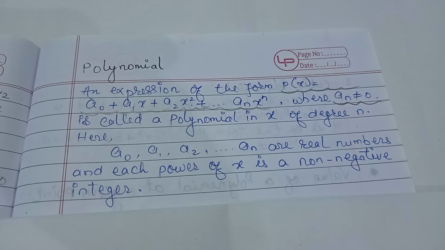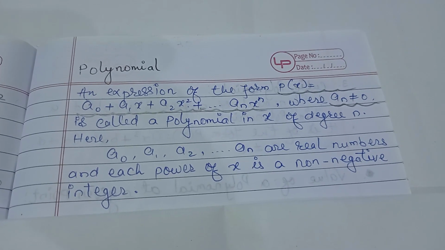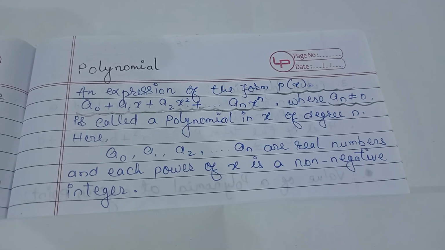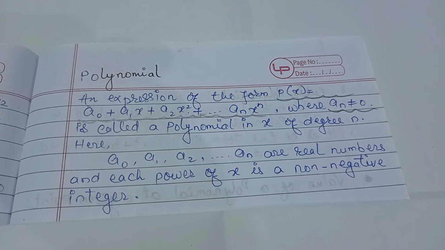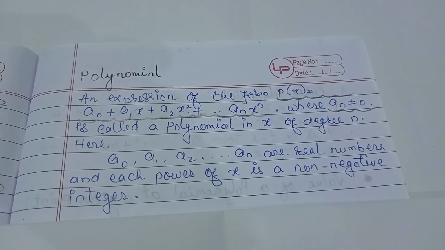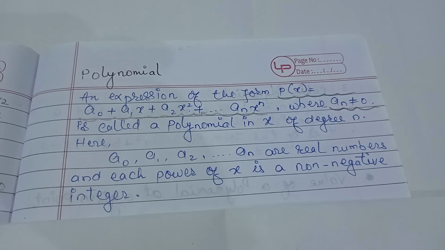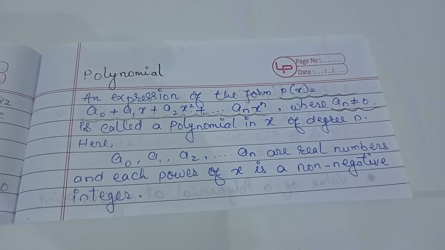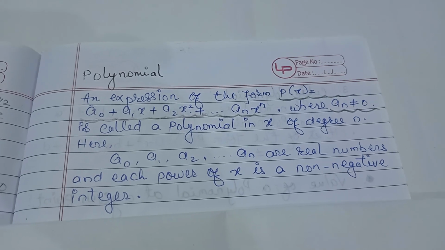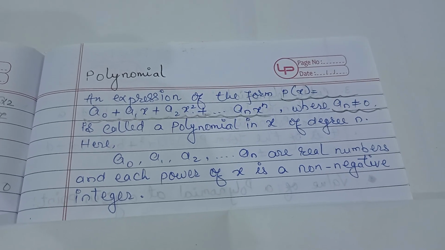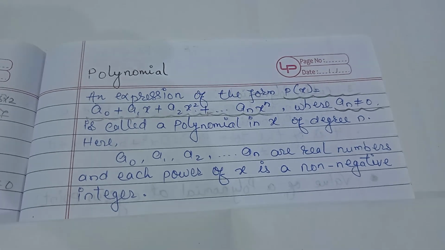So let's start. A polynomial is an expression of the form p(x) = a0 + a1x + a2x² + ... + anxⁿ, where an is not equal to 0, called a polynomial in x of degree n.